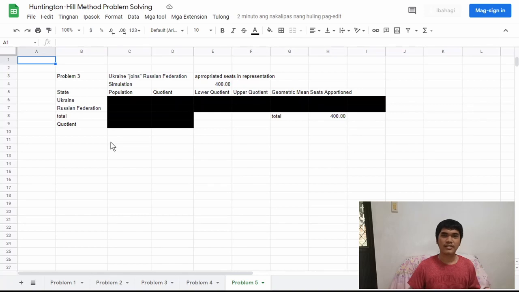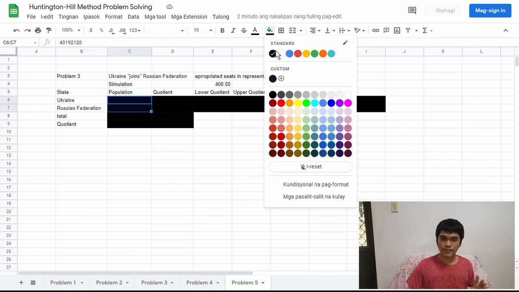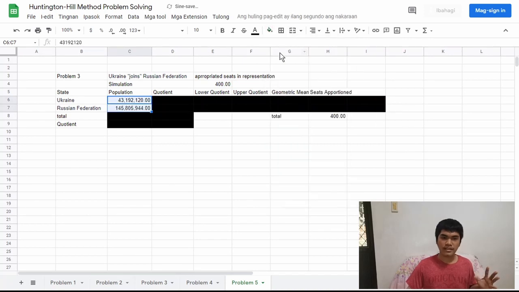So upon searching the population of these two countries, this will be the result. Ukraine got 43,192,120 as of 2022, and Russian Federation got 145,805,944.